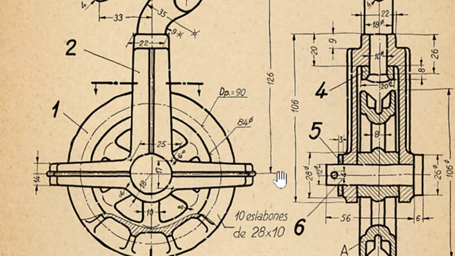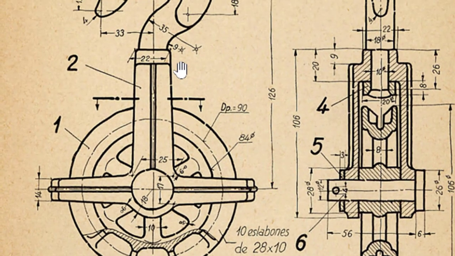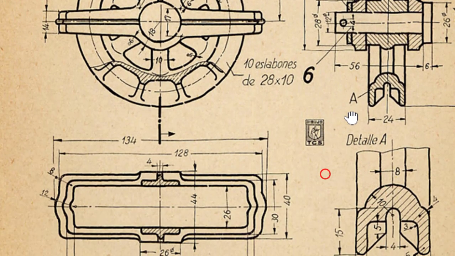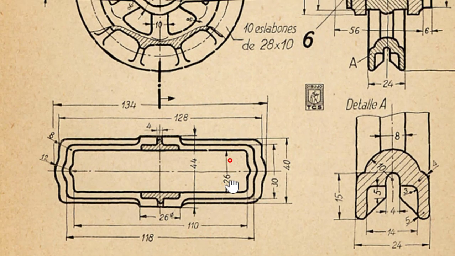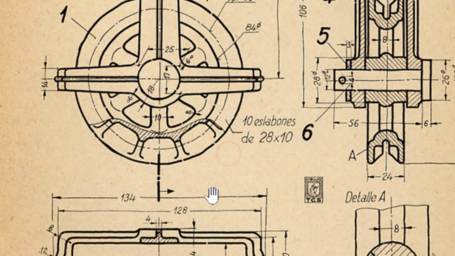Same picture like the other day, the other tutorial, but now we are focused on this component, which is also here in section, and we see dimensions here. There are some mistakes.